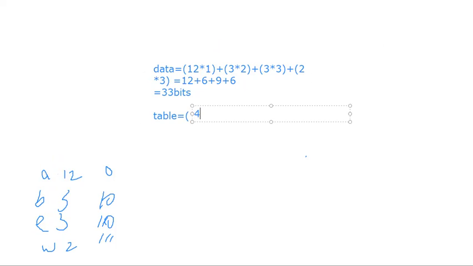So 4 characters and each character is 8 bits. This will be one thing. And next, adding the total number of bits to get transferred: 1, 2, 3, 4, 5, 6, 7, 8, 9. It will be 9. Completely it will be 9 plus 32 is 41 bits.